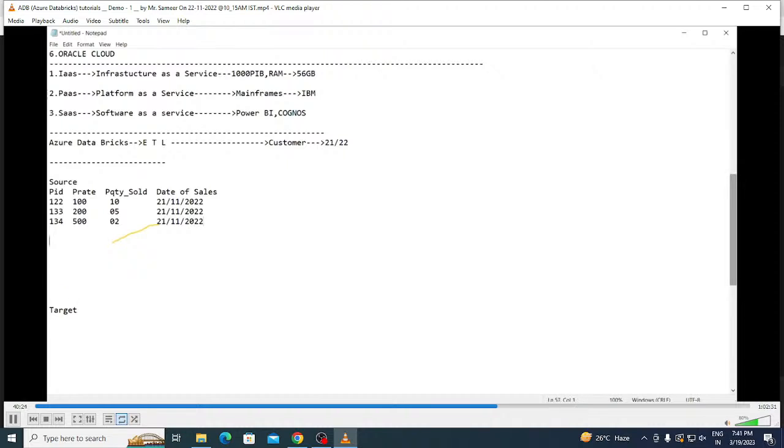So the 21st data is already recorded. Do we have the 22nd data? No, we will write the 22nd data. Simply I'll copy this information and paste it here.